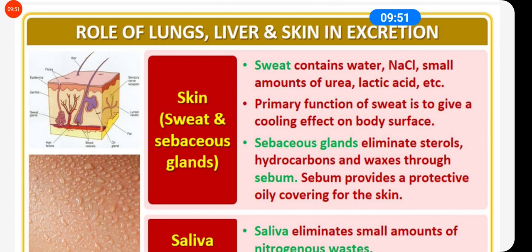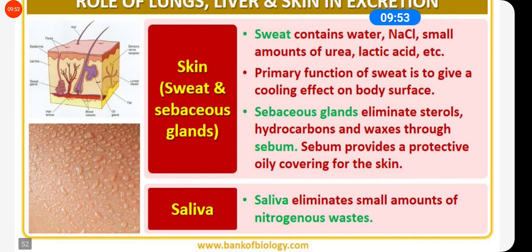Then the sebaceous gland eliminates sterols, hydrocarbons and waxes through the sebum, and sebum provides a protective oily covering for the skin. Which gland? Sebaceous gland. What does it secrete? It secretes sebum.